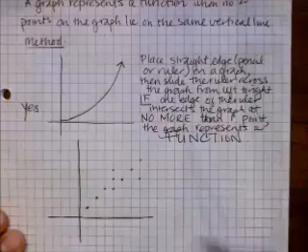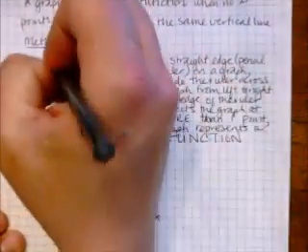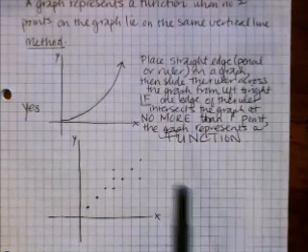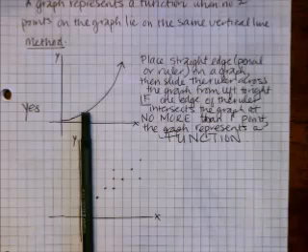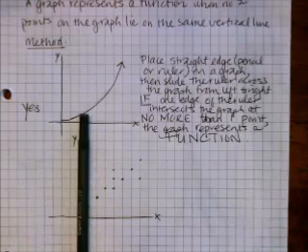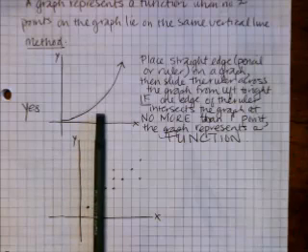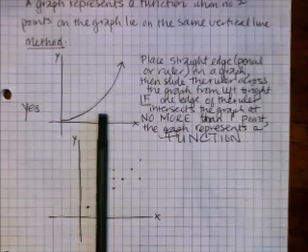So again, this is always my X, this is my Y every time we're looking at graphs. So I'm going to take my straight edge and I'm going to line it up vertically and I'm going to start moving from left to right. And what I'm looking for is at any point does my vertical straight edge touch this graph in more than one place?